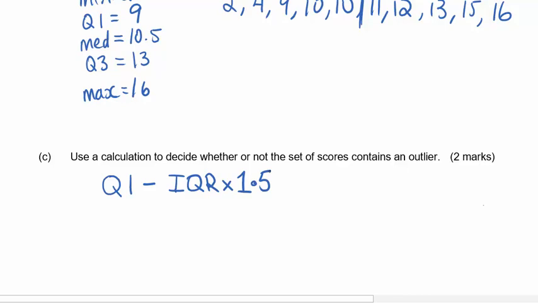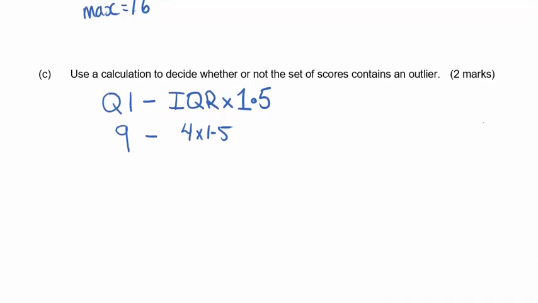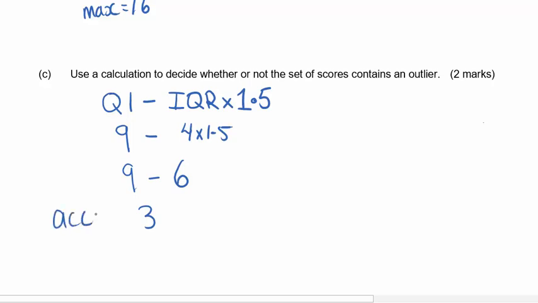Alright, so our interquartile range here is 13 take 9. So we've got 9 subtract 13 take 9 is 4 times 1.5, which is 6.